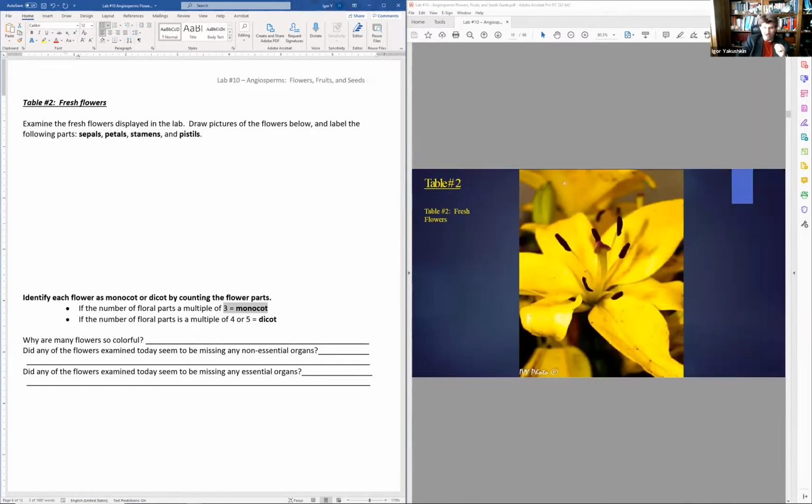So anyway, looking at this particular one, you will need to label petals, stamens, and pistils. On the lilies, you don't really see the sepals, but you can see clearly the bright yellow petals, the filaments carrying the anther stamens, and then of course the central part would be the pistil.